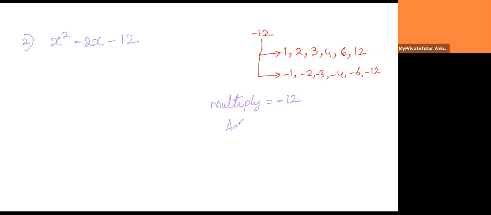If you add those numbers, the answer has to be minus 2, because you can see that the constant is minus 12 and the middle number is minus 2. So what are the two numbers which add up to negative 2 and multiply to negative 12, guys?